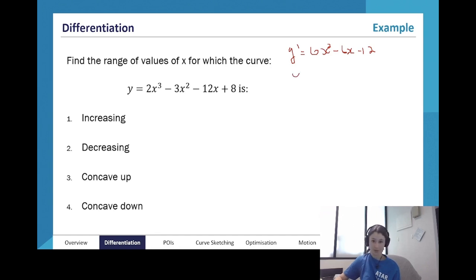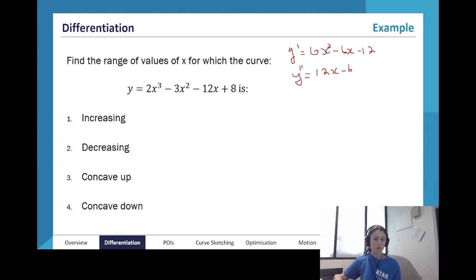So we're going to find the second derivative as well. And this is just going to be the derivative of our first derivative here. So we're going to have 12x minus 6.